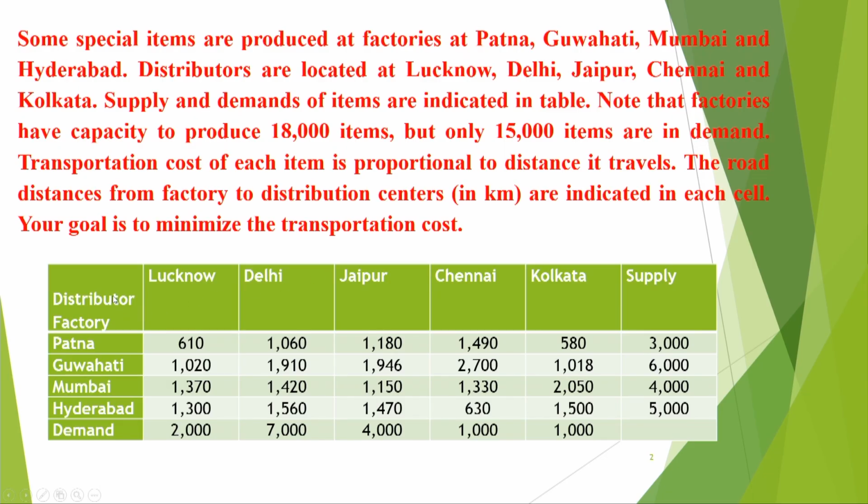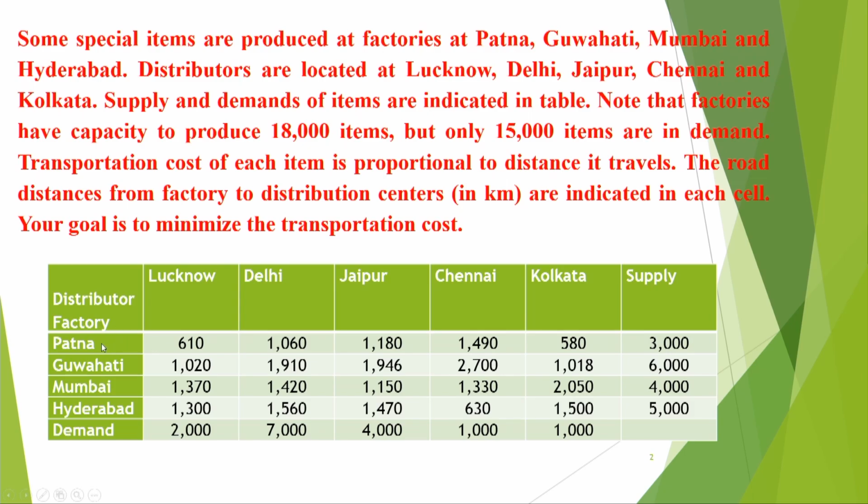So, these are the distributors: Lucknow, Delhi, Jaipur, Chennai, Kolkata, and these are the factories. Patna to Lucknow, I have indicated the distance in kilometers, that is 610. You can consider that, let us say, 1 rupee per kilometer is the transportation charge for transporting 1 unit.